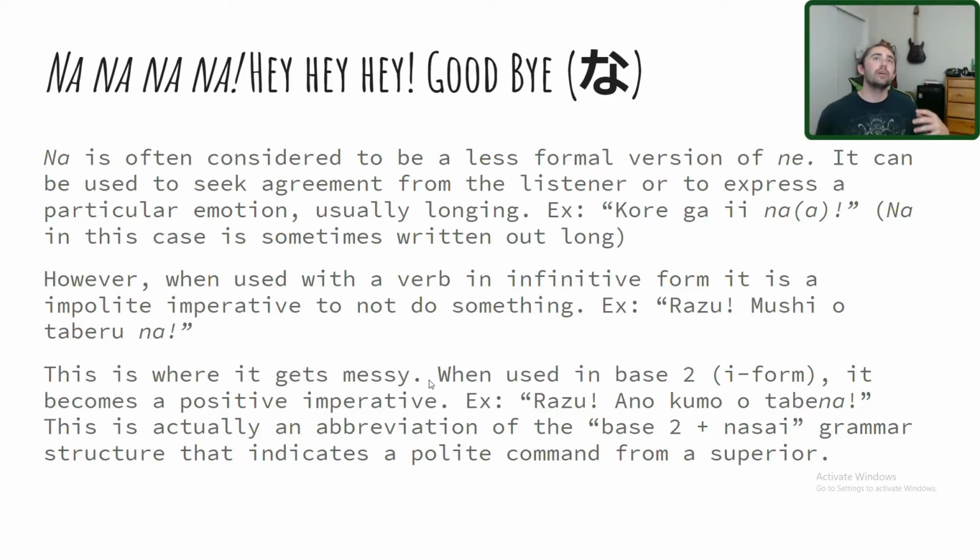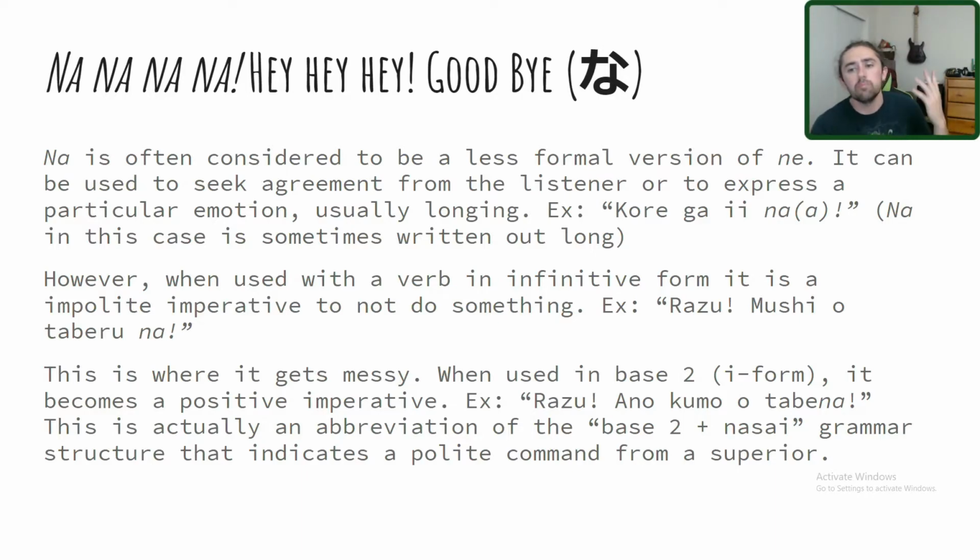But this is where it gets a little tricky because na, if you use it in base 2 form of a verb, so if you conjugate your verb into base 2, which is the E form, which for the purposes of this lesson, I'm going to assume that you either know what this is already or can go look it up yourself, because that's not the purpose of this lesson.